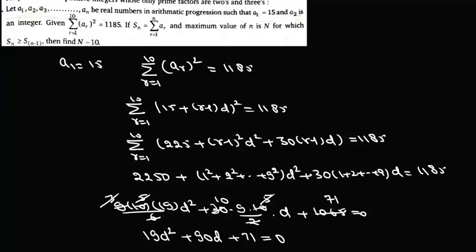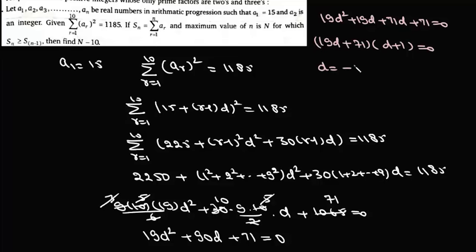So we can write this as 19d square plus 19d plus 71d plus 71 equals 0, or (19d + 71) into (d + 1) equals 0. So value of d is either minus 71 by 19 or value of d is minus 1.